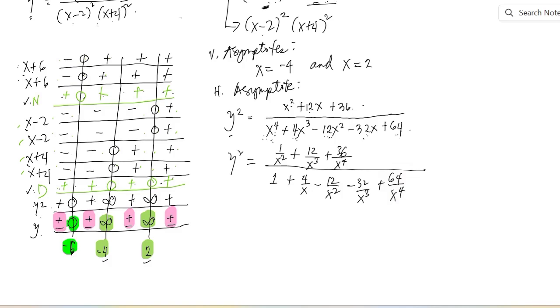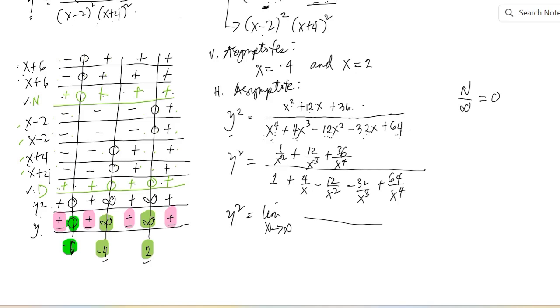So we now evaluate the limit as x approaches infinity. So we remember that if we are going to divide a number by infinity, or a very very large number, our answer is approaching 0.